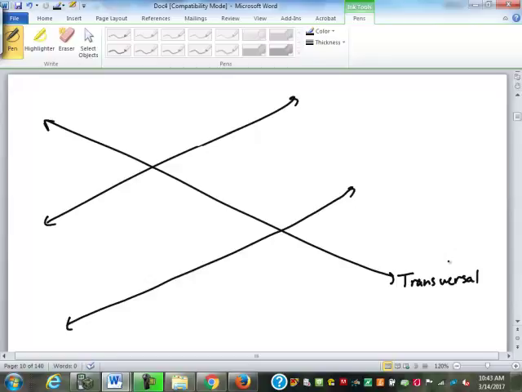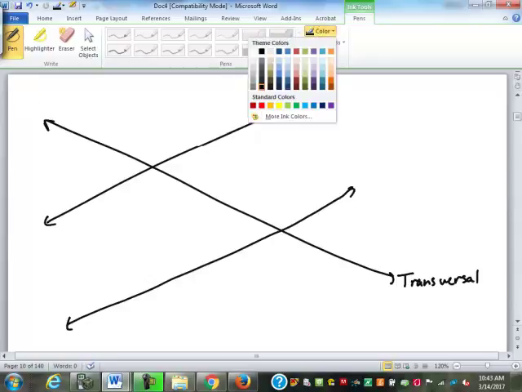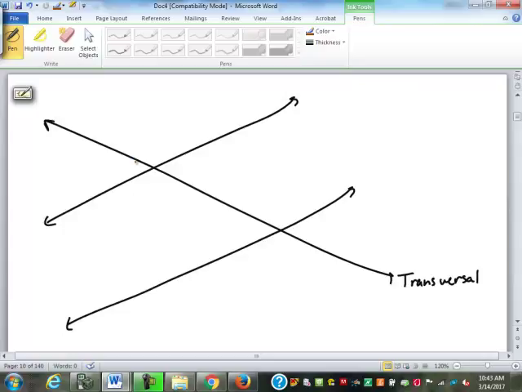Okay. When we have a transversal across parallel lines, let's say this angle is 54 degrees. What does this angle here have to be? Yes, it is 54.